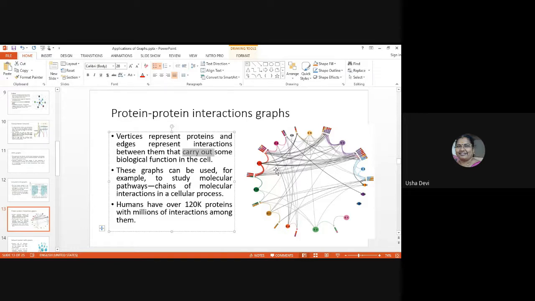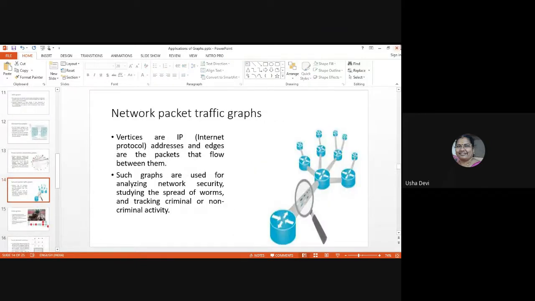In humans, we may have 120K proteins. Therefore lots of interactions can happen, and measuring that will be very difficult since it is in terms of millions. So those things can be easily represented with the help of graphs. This is one kind of application.